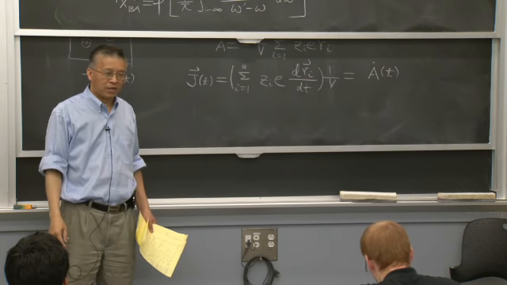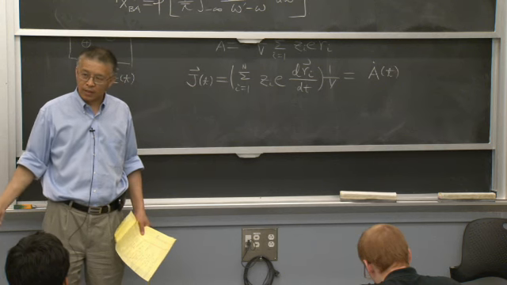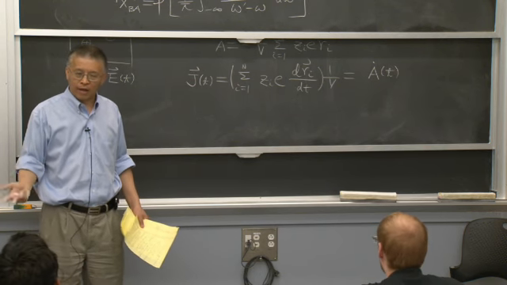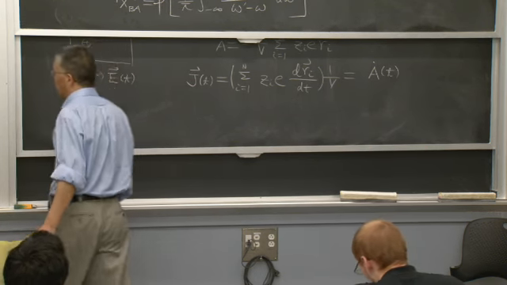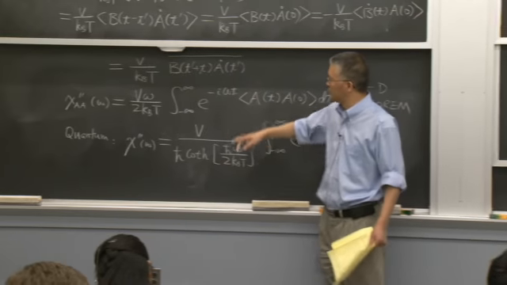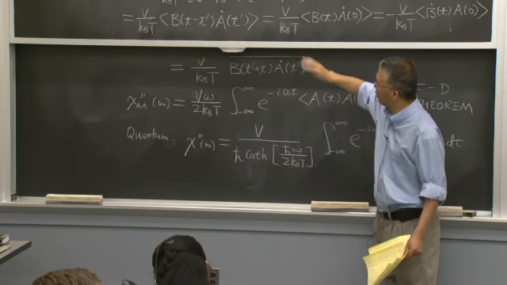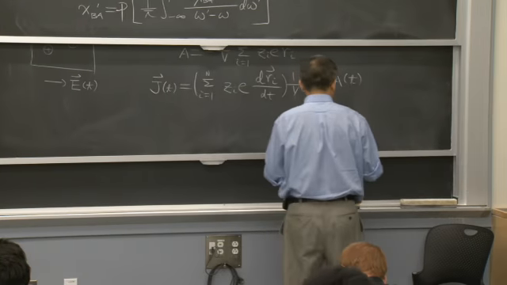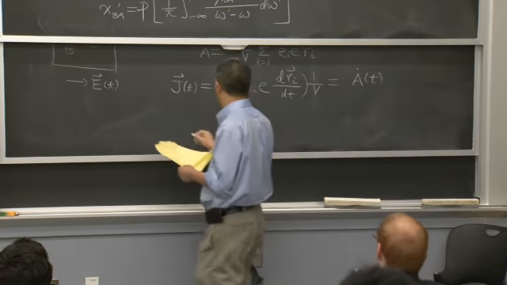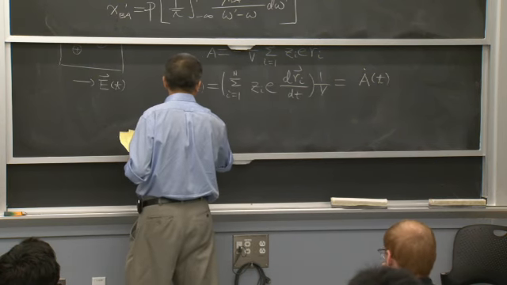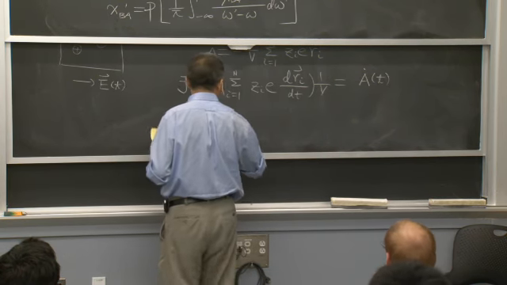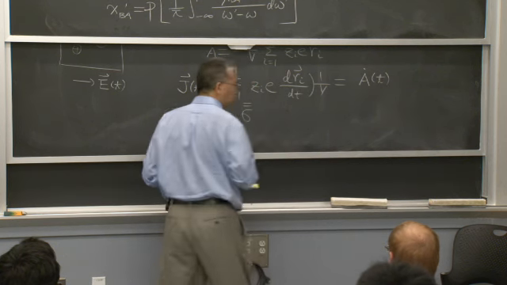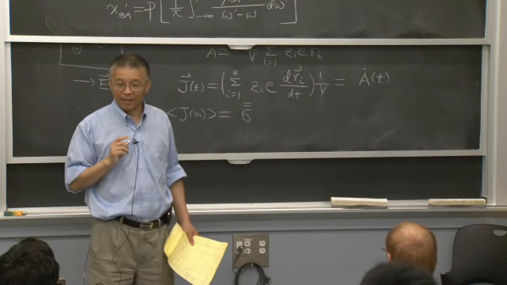Right? So I have A, I have B, and now I can use the expression we have, the after-effect function. In fact, if I write it in the frequency form, J(omega) equals the electric conductivity, which is usually a tensor, times the electric field.